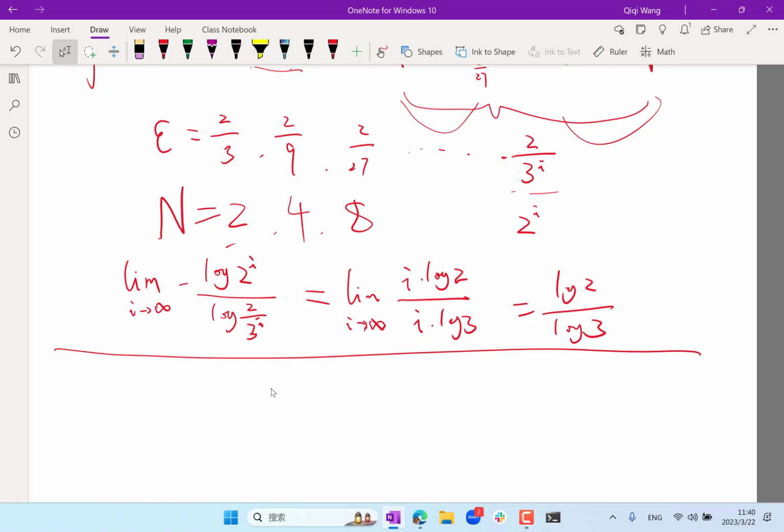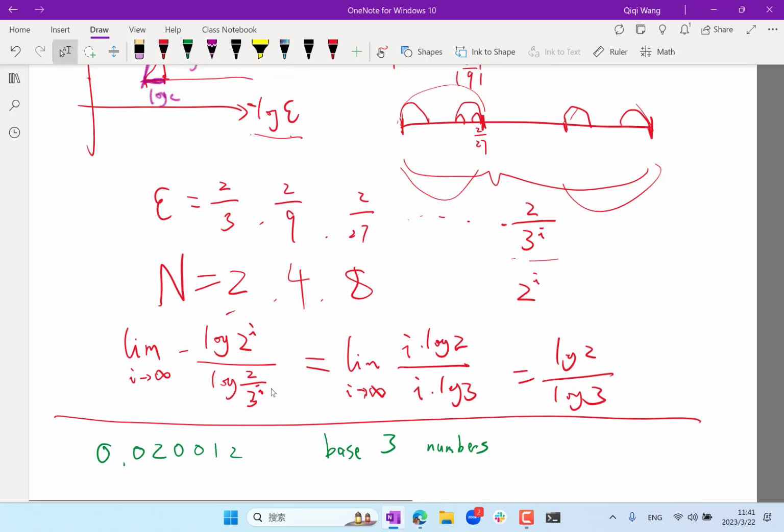So you can have 0.020012 or something like that, a representation in base 3. But if you exclude from all possible numbers represented in base 3 those where the digit 1 appears anywhere, you get this set.